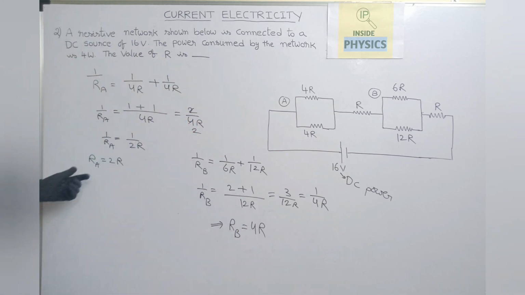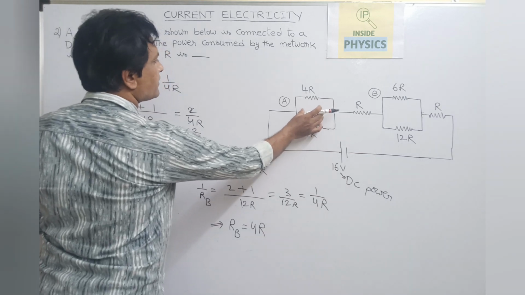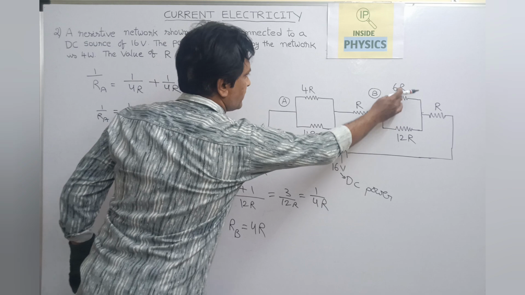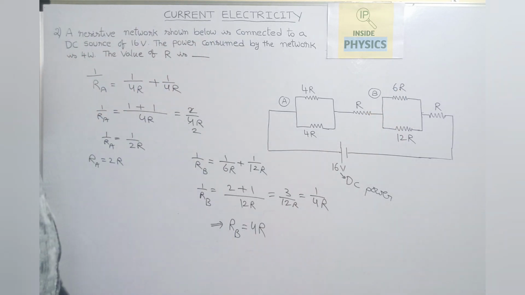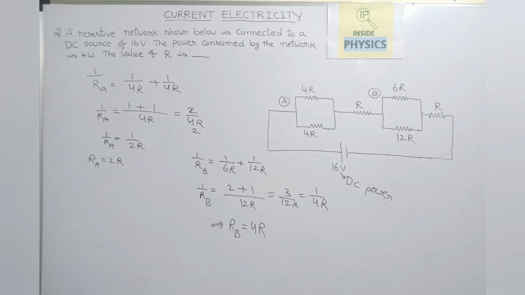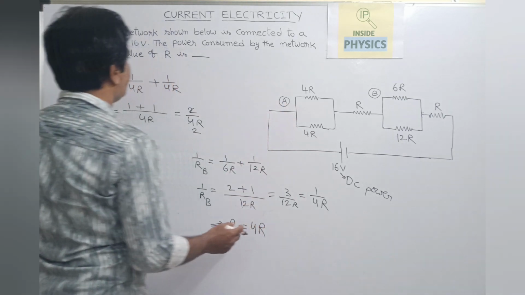So RA, this part has come out as the effective resistance 2R, and this part where two resistors are connected in parallel becomes a single resistor with effective resistance 4R. So how will this circuit be rewritten?